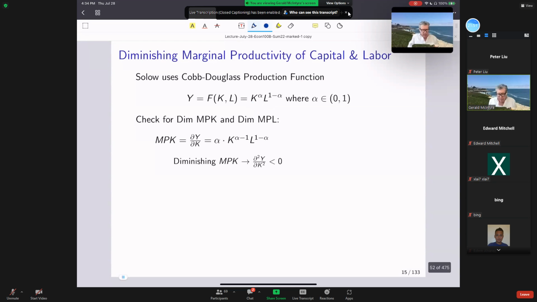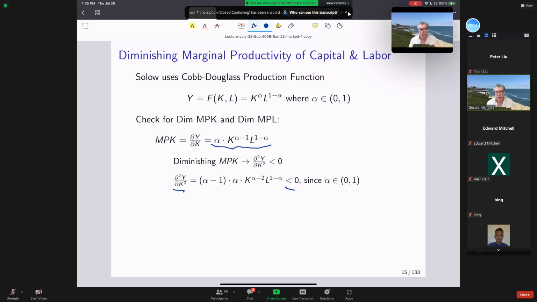And then to check the second derivative, we take the derivative of the first derivative, differentiating now with respect to K. That's what this says. The alpha minus 1 power comes down. It's alpha minus 1 times alpha times K to the alpha minus 2, L to the 1 minus alpha.